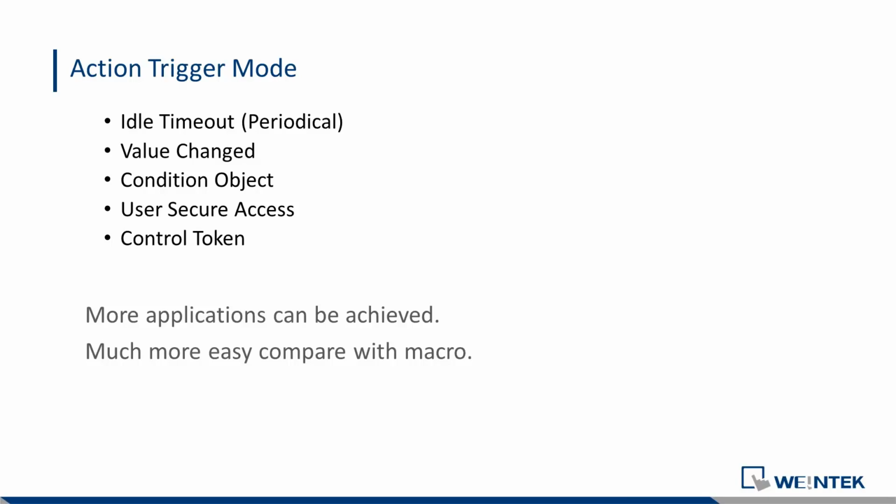So now more applications can be achieved, because before you needed to write complex macros, like for a user login. If I want to trigger an output movement when there's a user login or logout, now we can simply use action trigger to trigger the things that you want. So it is much easier compared with the macro.